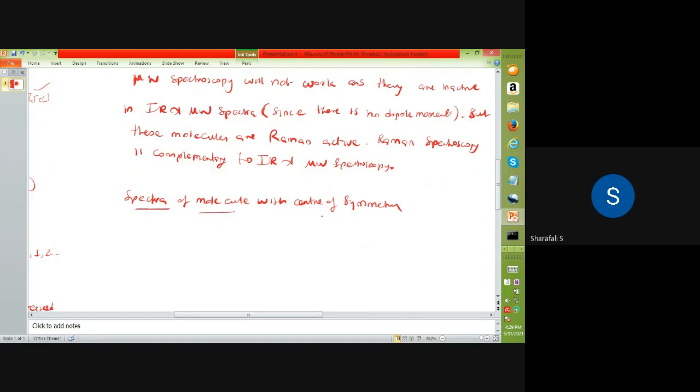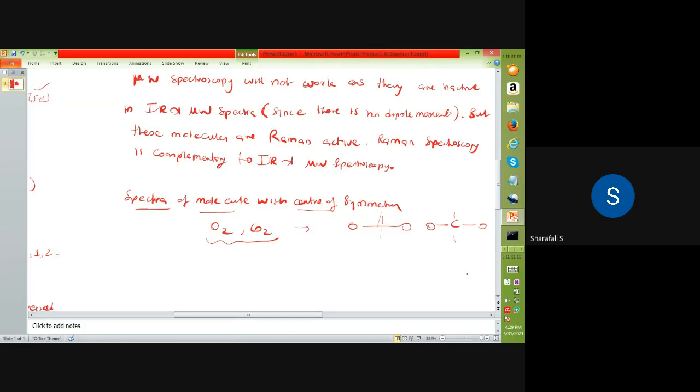For example, if you consider an oxygen molecule or a carbon dioxide molecule, these molecules possess a center of symmetry, like what we studied in IR spectroscopy. So this kind of molecule will have spectra under Raman spectroscopy, or rotational Raman spectroscopy.